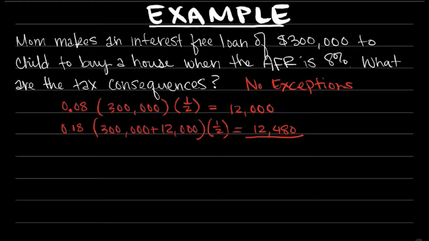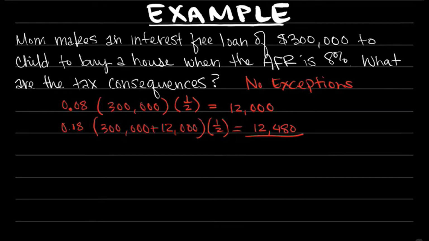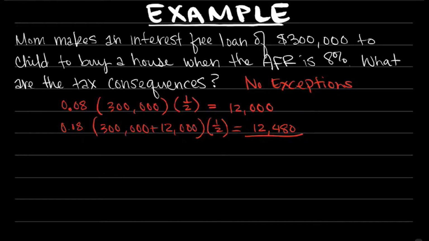So for the first year, mom is going to be imputed interest income of $24,480. Mom will be taxed on that $24,480 of taxable income even if child had to pay it. Mom will also be deemed to have made a gift.